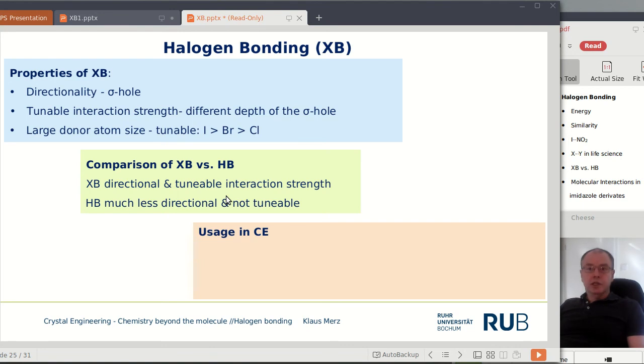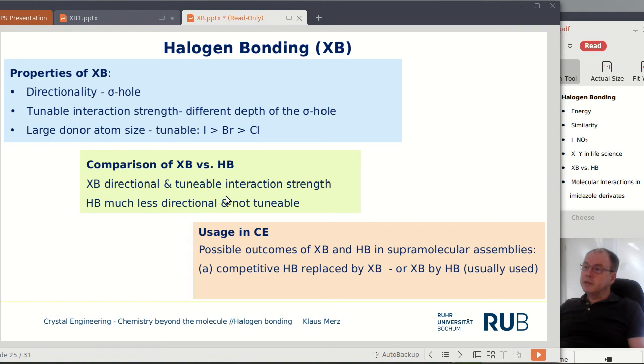And in crystal engineering, mostly what you see is a competition, where you substitute halogen bonding by hydrogen bond, or hydrogen bond by halogen bond. So it's a competition to substitute one interaction by the other.